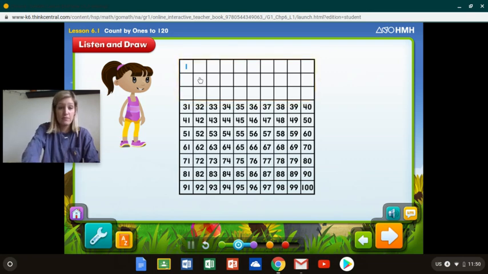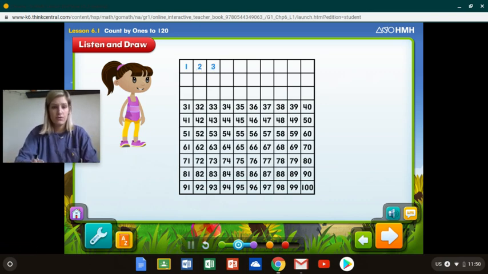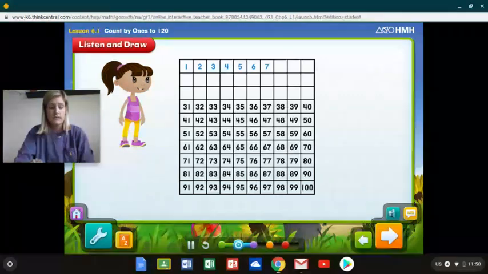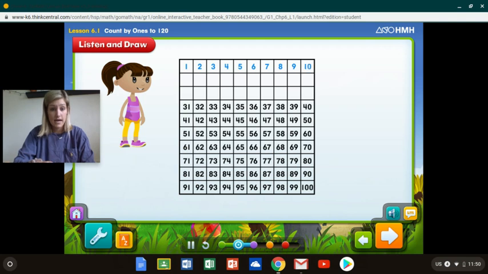And let's count on from there and see how it matches the 30s. 1, 2, 3, 4, 5, 6, 7, 8, 9, 10.